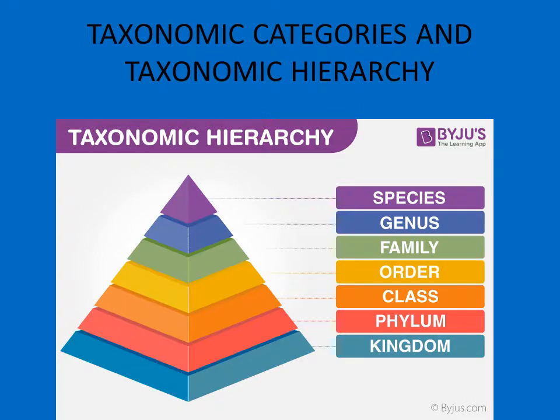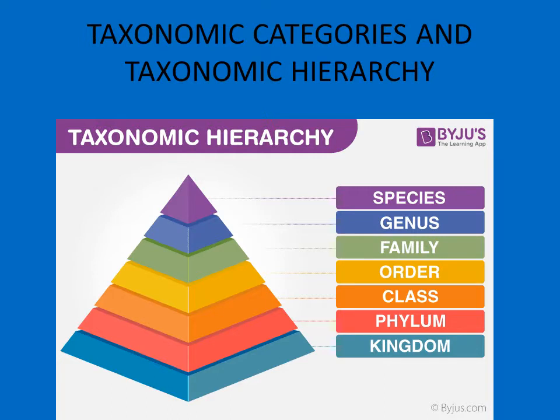Here again, the various taxonomic categories are shown in the picture, and this is also known as the taxonomic hierarchy. Here I am introducing a very special term known as taxon or taxa. What is a taxon? A taxon is a unit of classification in the taxonomic categories. So there are various types of taxonomic categories that are arranged in a specific order.